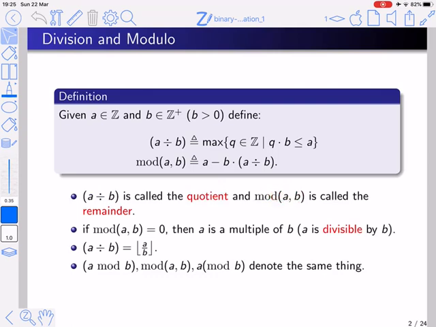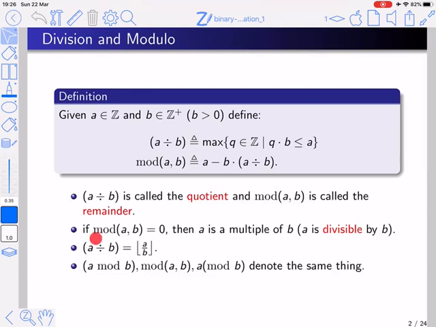Now, if the remainder is 0, then a is a multiple of b, or we say that a is divisible by b, because you can divide a by b, and the remainder that you get as a result of this division is 0.